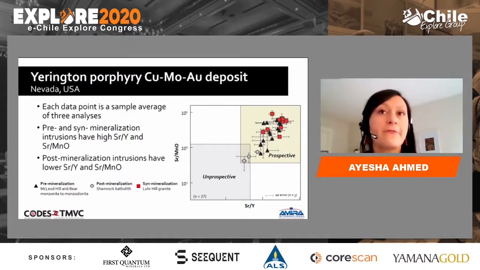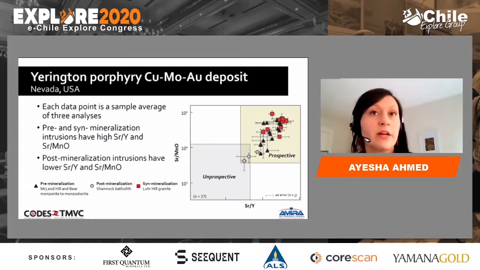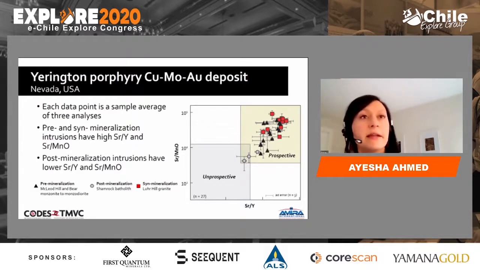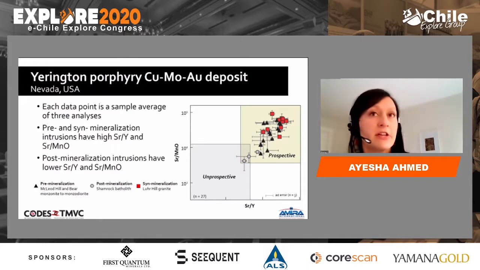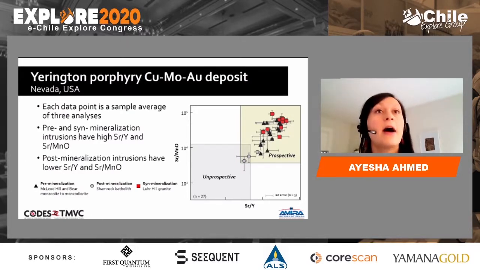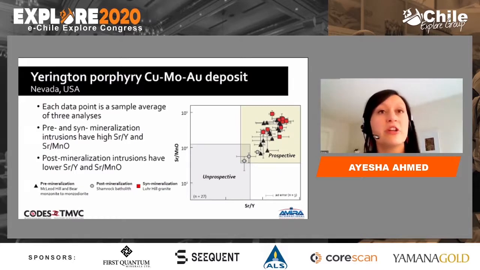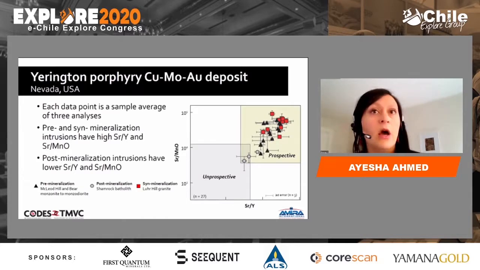Well, on this graph, each data point represents an average of the three analyses that we collected on the sample, where the error bars represent the standard deviation between those three analyses. And what we see is that pre and syn mineralization intrusions, these are from the fertile Yerington batholith, have high strontium over yttrium and strontium over manganese values, with the syn mineralization intrusions reaching the highest fertility indicator values.